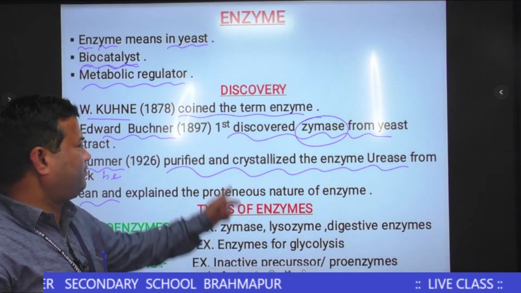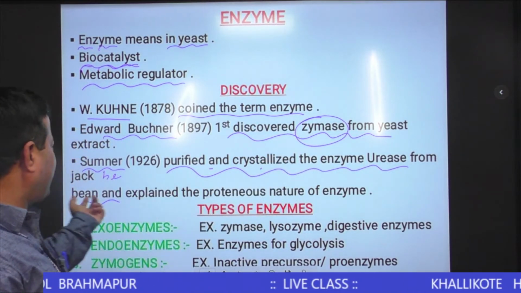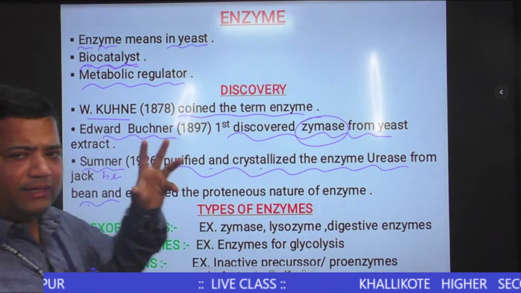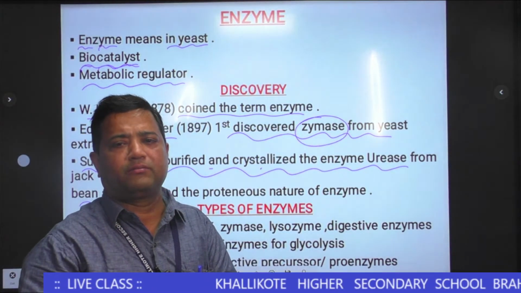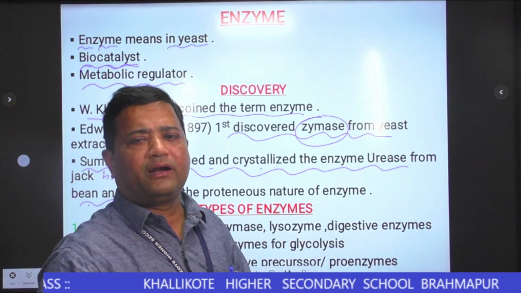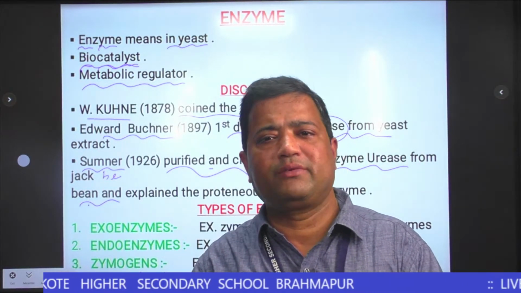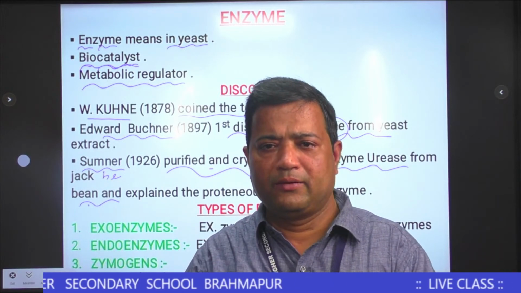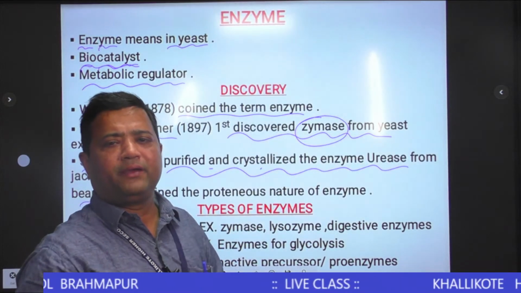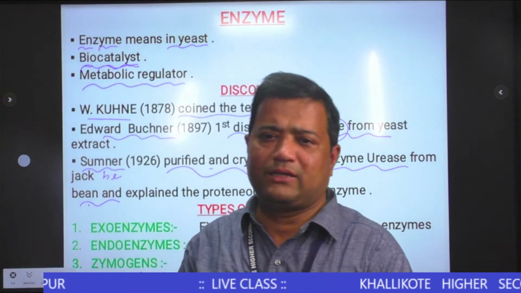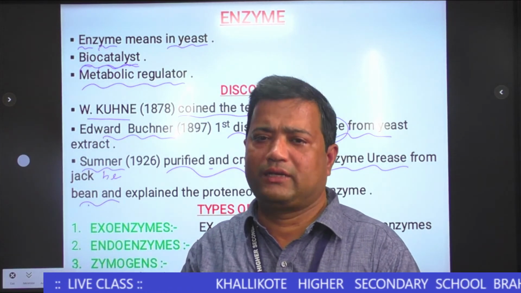He explained that enzymes are of proteinous nature, means enzymes are made of protein. Protein may be a polypeptide chain. An enzyme may be made of a single polypeptide chain or more than one polypeptide chain.